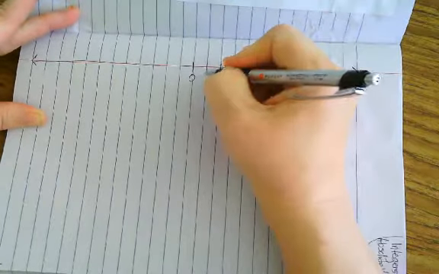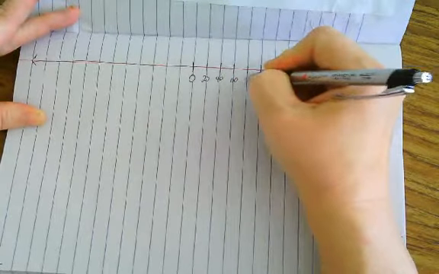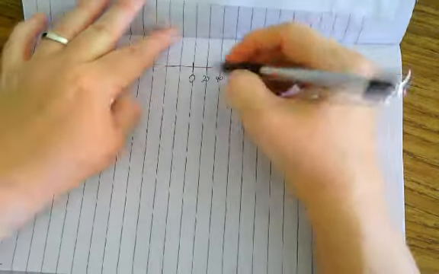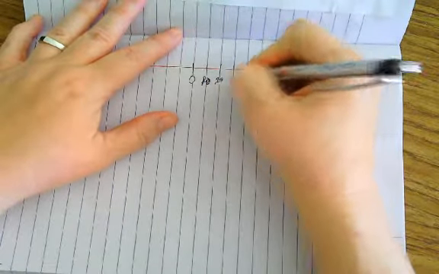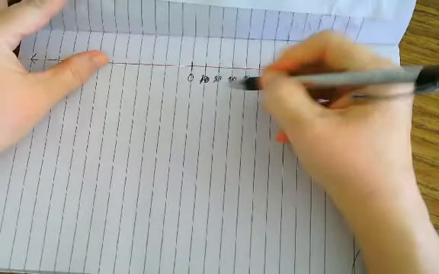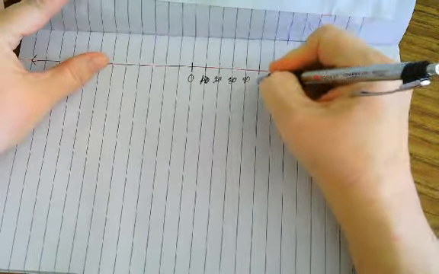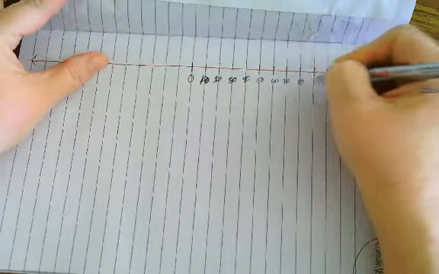So this is going to be 10, 20, 30, 40, 50, 60, 70, 80, 90, 100. Whoops. I was going to number every other and I forgot. 10, 20, 30, 40, 50, 60, 70, 80, 90, and 100.